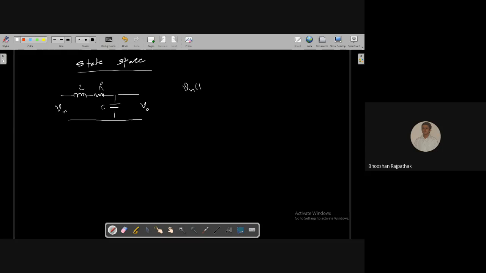V in of t will be equal to L di by dt plus R into I of t plus 1 by C integral of I dt, and VO of t will be equal to 1 by C integral of I dt. These are the circuit equations.